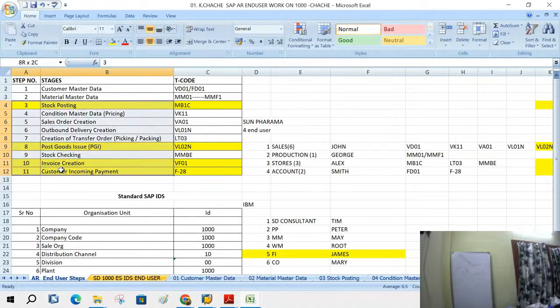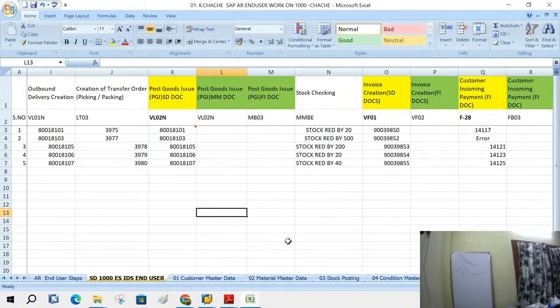Now you see in AR, what I have done: I have colored these four stages. Stock posting stage, post goods issue, invoice, and customer incoming payment clearing. Yes or no? Because you have an FI document in these stages and you have got GL accounts.